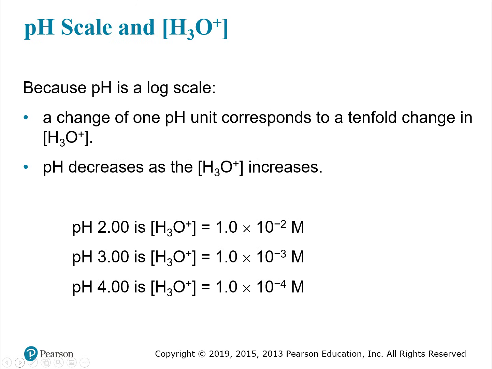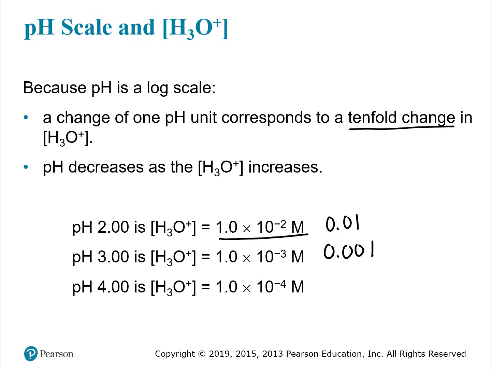When you change one pH unit one way or the other, it's not just a change of 1, it's a change of 10. It's a 10-fold change. So when you go from a pH of 2 to a pH of 3, what we're looking at is a concentration of hydronium of 1.0 times 10 to the minus 2 versus 1.0 times 10 to the minus 3. That's a big difference.